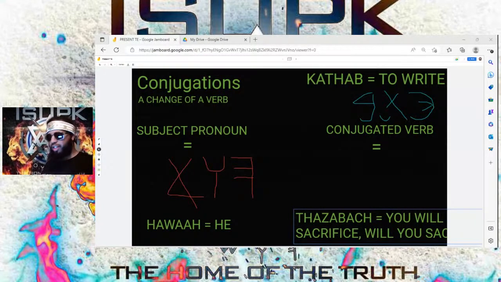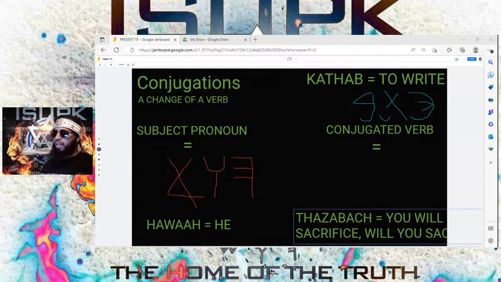You got three main conjugations, which are based off of your tenses. You have your future tense, your present tense, and your past tense. Those are your three tenses. When you're speaking a language, speaking in the proper tense is very important. If you're talking about the past, make sure you use the past tense.